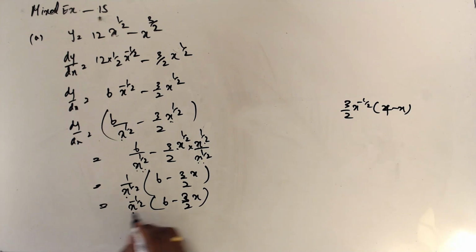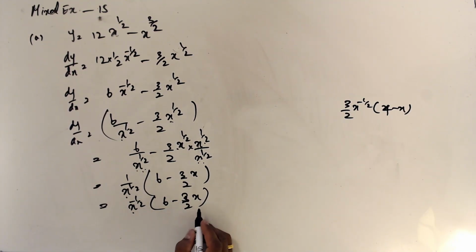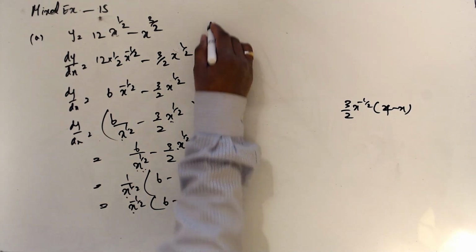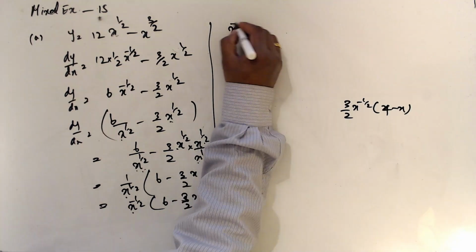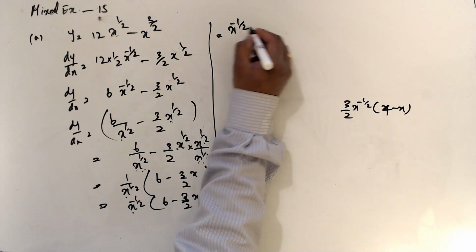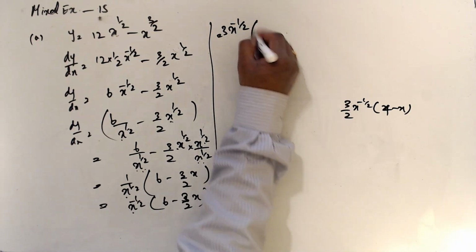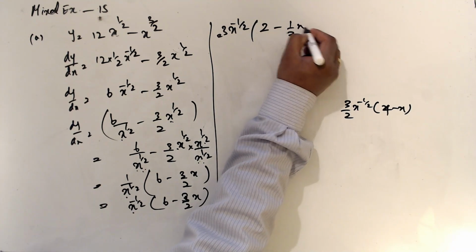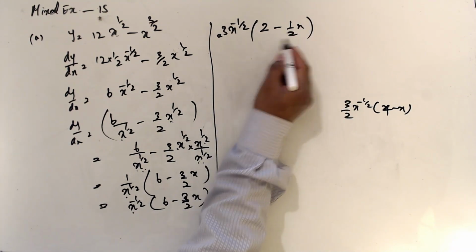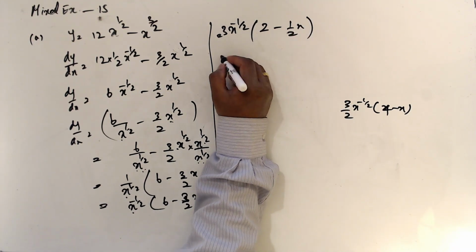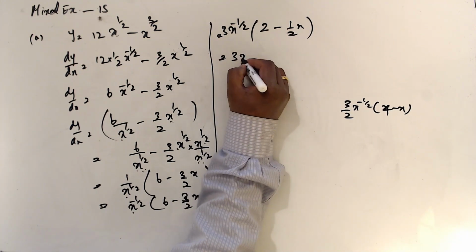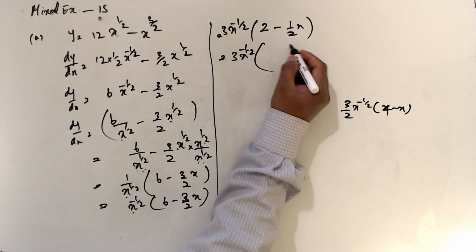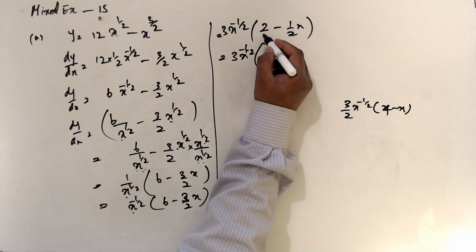Now I have to take 3 out. Yes, I can, there is no issue. I can take 3 out. So I will write x to the minus half times 3, then this becomes 2 minus half a x. When I take 2 out, again 3x to the minus half. I want to take half out, but there is no half.